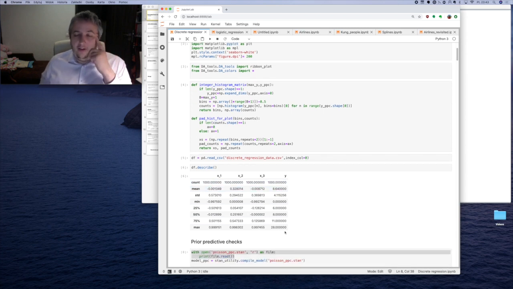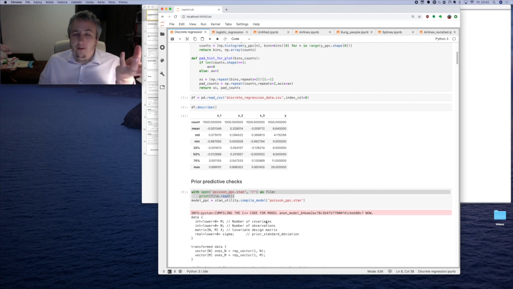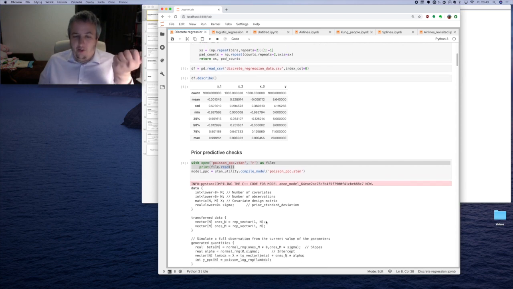As we can see, the values of the output are contained between 0 and 28, so our integers are in that interval, and our data points are constrained either to minus plus 1 with case of x1 and x3, or 0 to 1 in case of x2. And we'll start with our model with standard prior predictive checks.